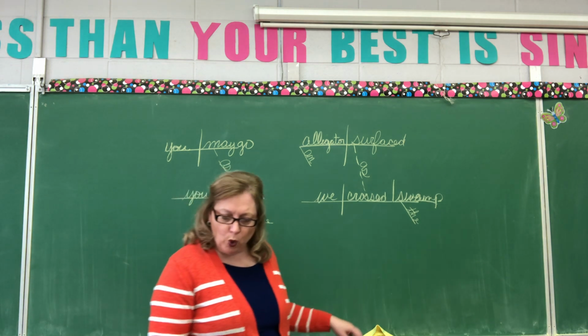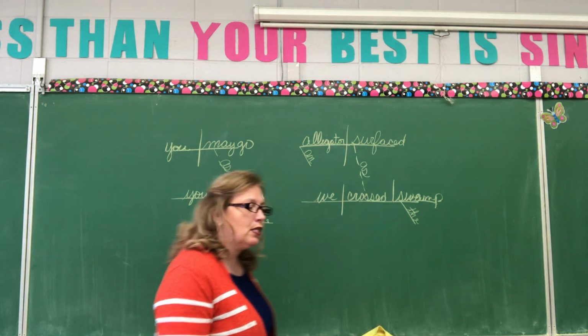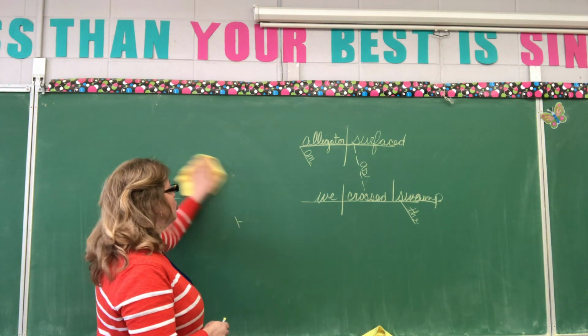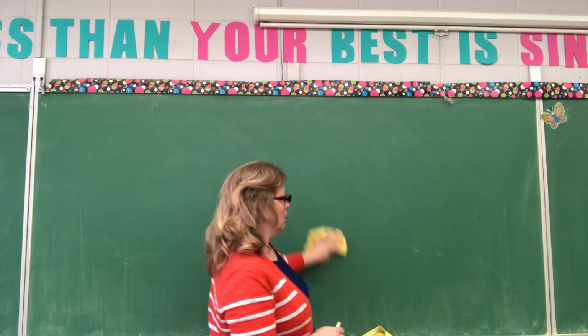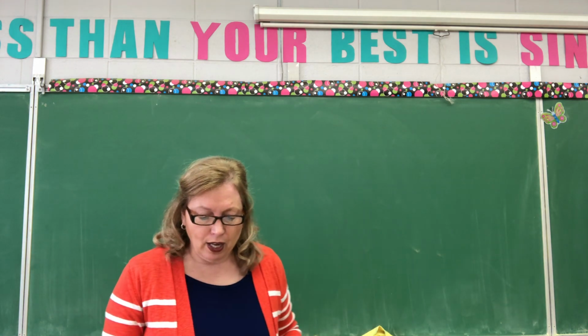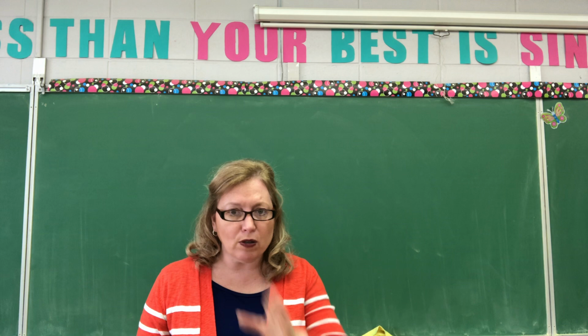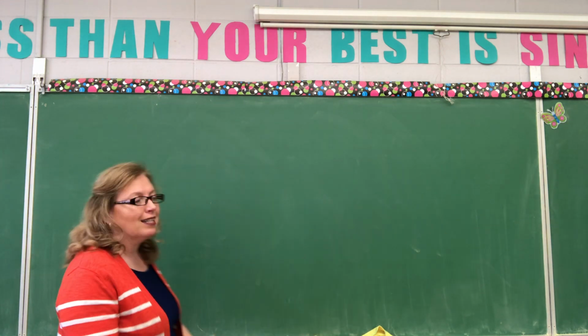Let's look at number 7. If chance ruled the world, science would not be possible. What is your clause? Find your subordinating conjunction. Put brackets around your clause. You said the clause was, if chance ruled the world. So outside of that, in your independent clause, what is your subject and verb?